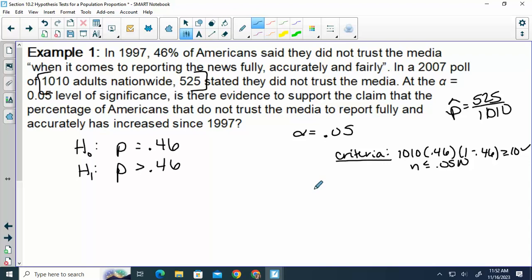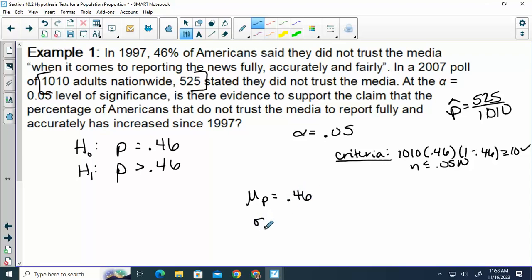Now, what are we going to have to do next? Find the mean and standard deviation. Right, no matter what, we have to get a z-score. So if we're going to get a z-score, we need the mean and standard deviation. And that's like what we were doing before. The mean is our p-value.